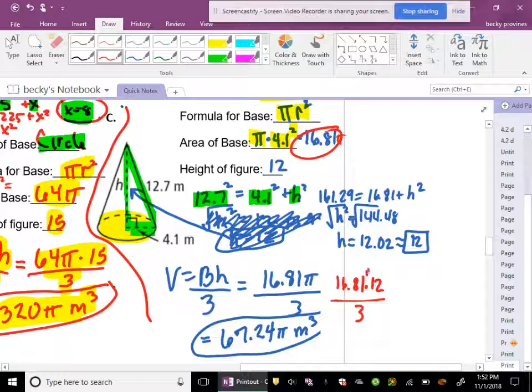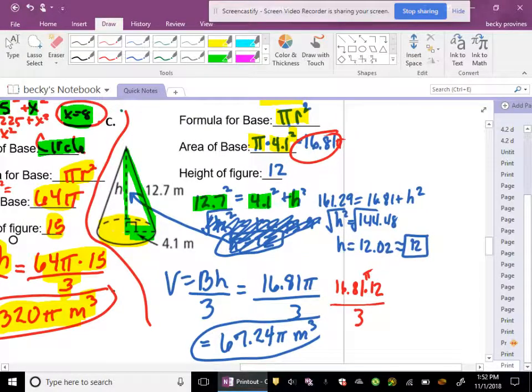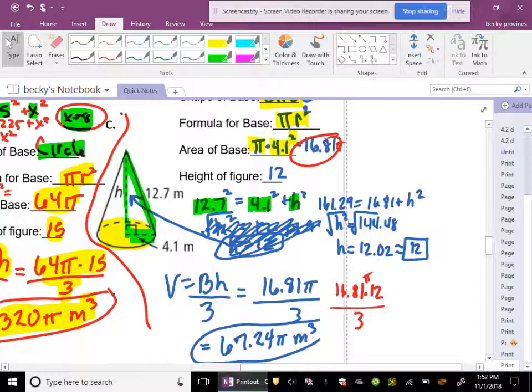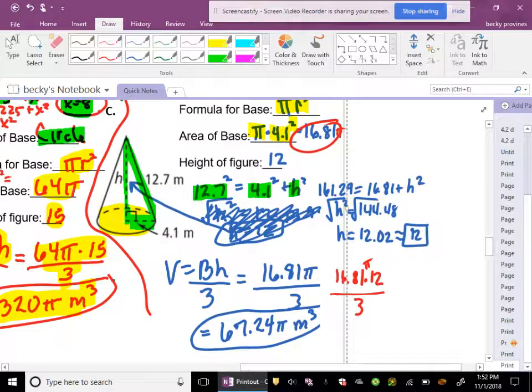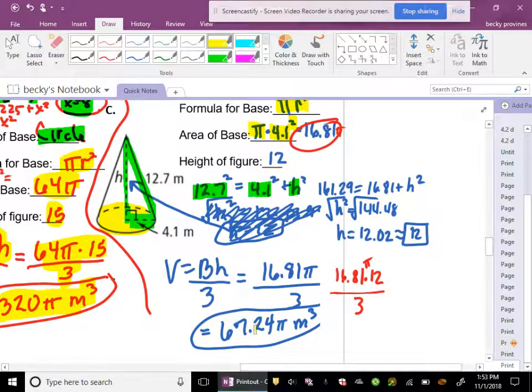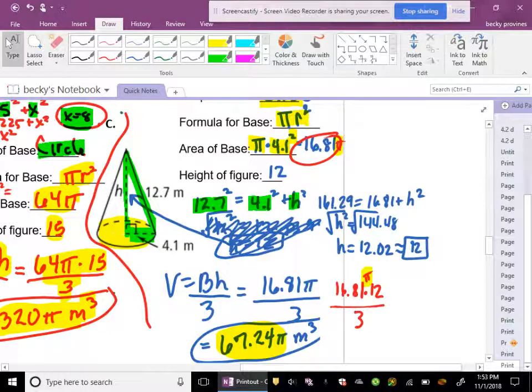So there is a pi right there. All right. So I want to multiply this out, make sure my answer was correct. Yes, that's exactly the same answer. I get 67.24 pi. Now, don't forget about the pi, guys. I almost forgot about the pi right here and right here. So the pi is important. If you forget the pi, it honestly does mean a different number.